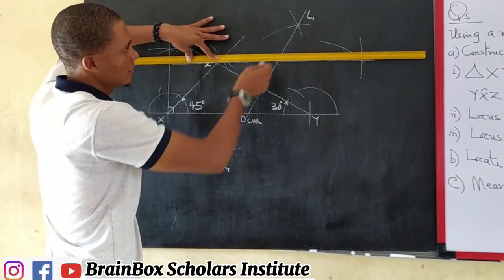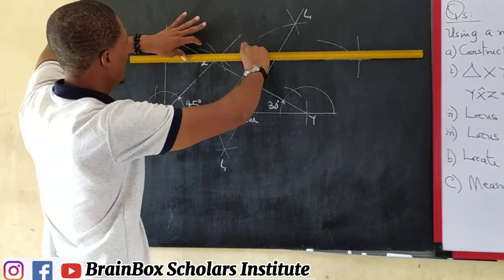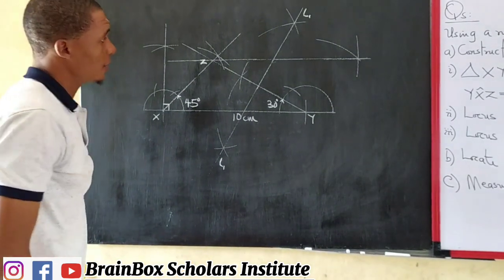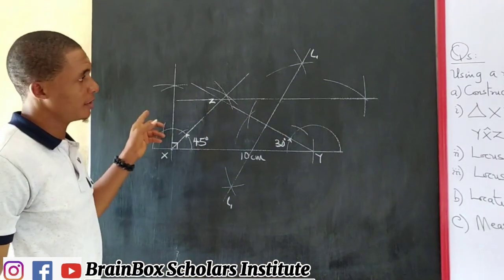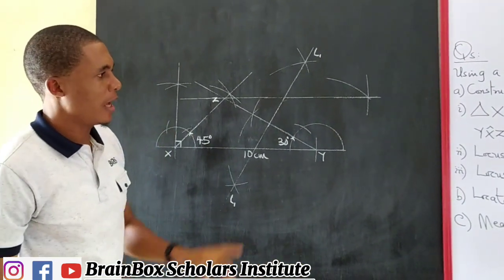Do you see that? Okay, so now you see that I've drawn a straight line. Now we're able to pass through Z. You see it? Okay? So I've done that.